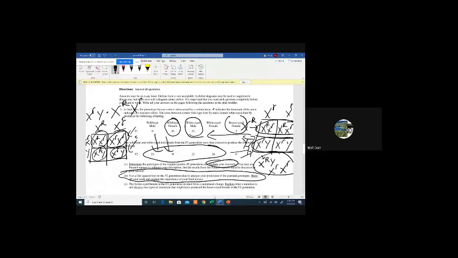So it says, use a chi-square test on the F2 generation data to analyze your prediction of the parental genotypes. So we did the calculations, we showed our work, and then explain the importance of your final answer. It essentially would be, because our chi-square value was less than our critical value, we're going to fail to reject the null hypothesis, which means you need to have stated the null hypothesis in your answer.